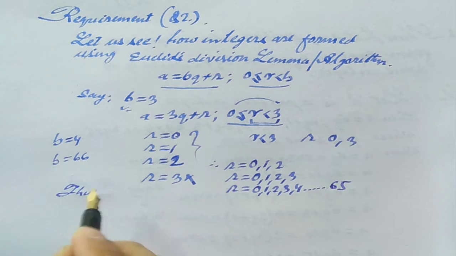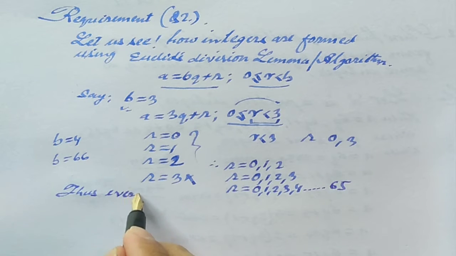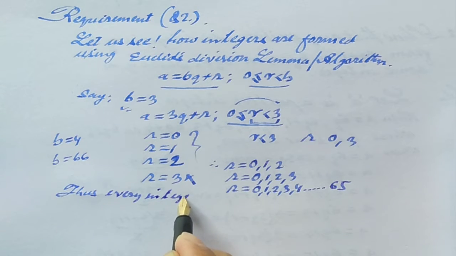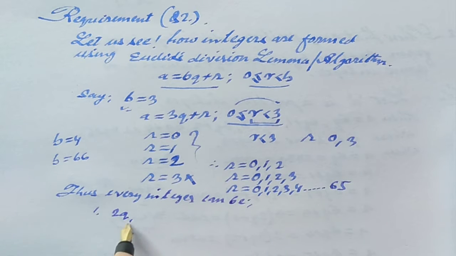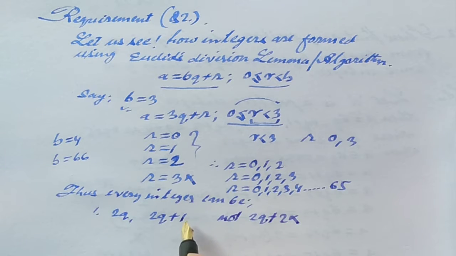Thus, looking at the condition, every integer can be in the form of 2q plus 1, and not 2q plus 2, which is not possible. But 2q plus 1 can be written in another format, like 2q minus 1.